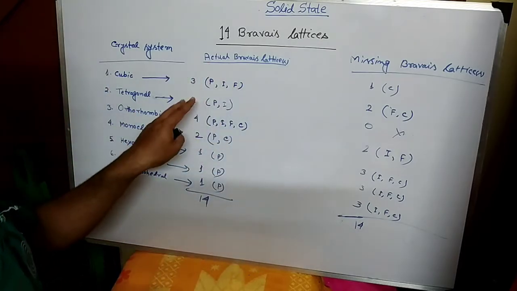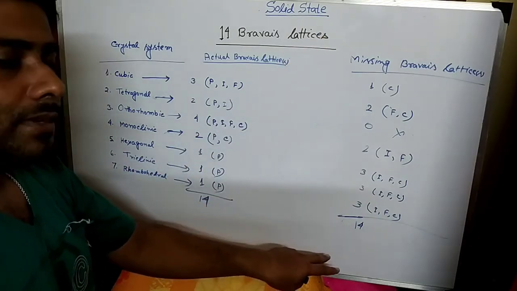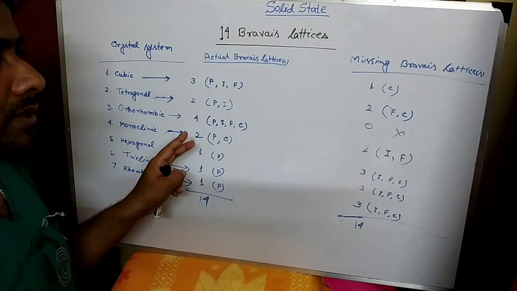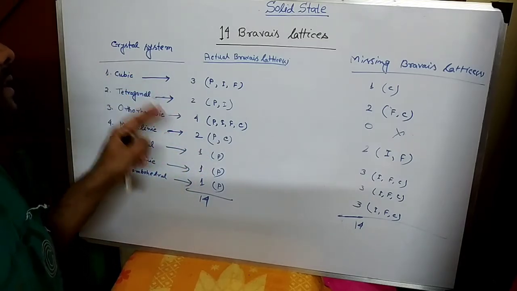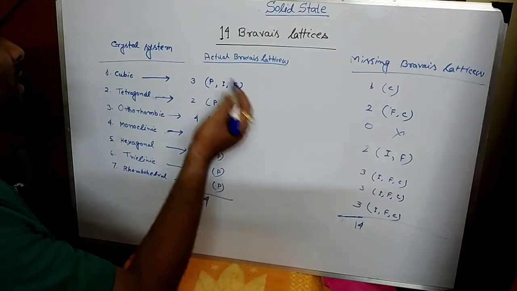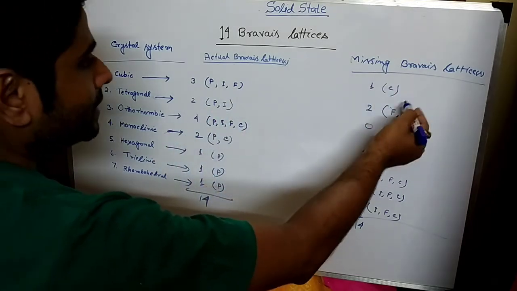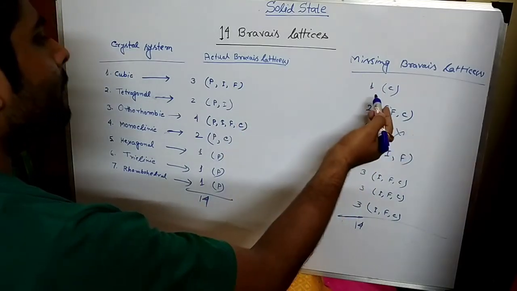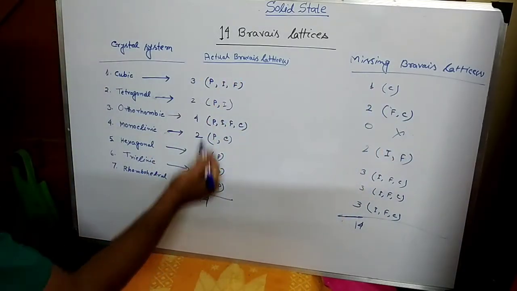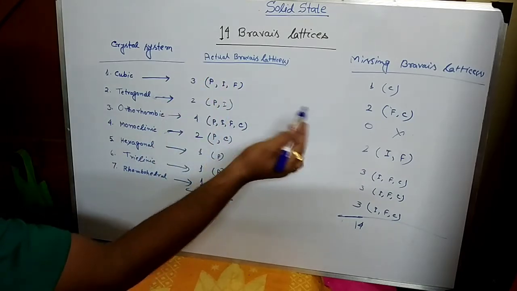Either they are not supporting the symmetry elements, that's why they are absent, and they are represented in another class. They already belong to another class. That means the absent end-centered cubic system may be included in any of these 14 categories.